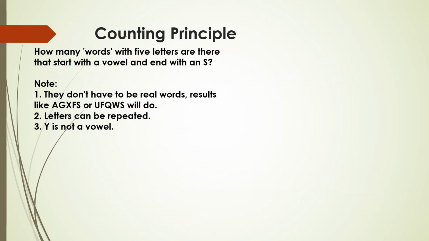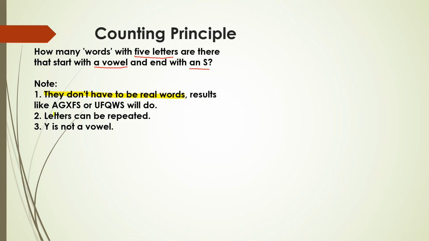How many words with 5 letters are there that start with a vowel and end with an S? 5 letters again. Okay, so things to notice here, first of all, before we start, they don't have to be real words.